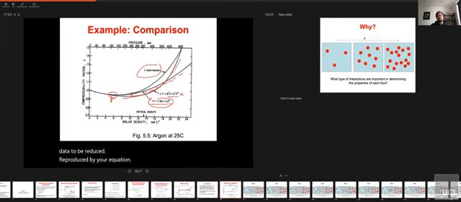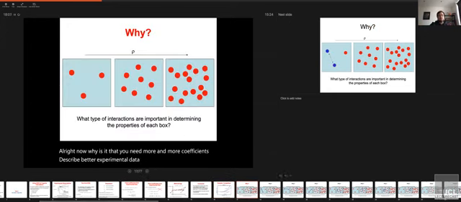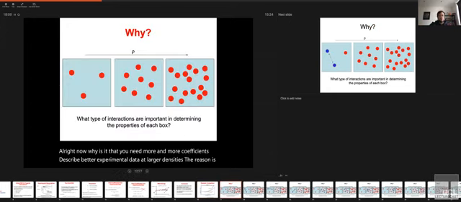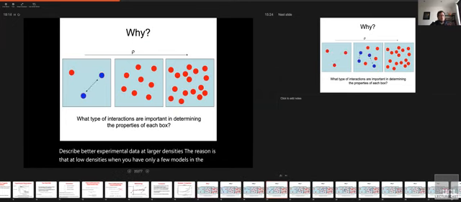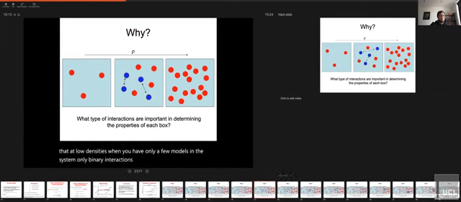Okay? All right. Now, why is it that you need more and more coefficients to describe experimental data at larger densities? Well, the reason is that at low densities, when you have only a few molecules in the system, only binary interactions, the interaction between pairs, are going to be important.